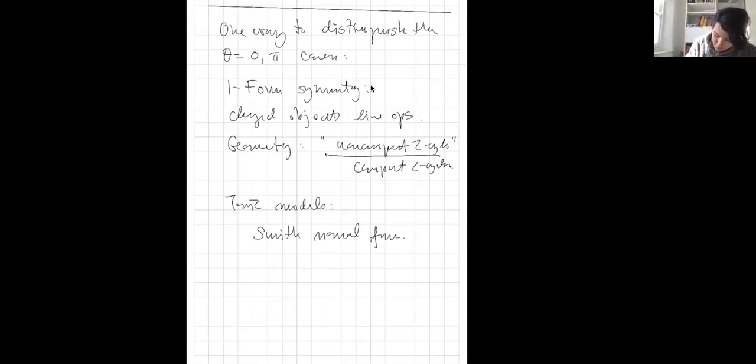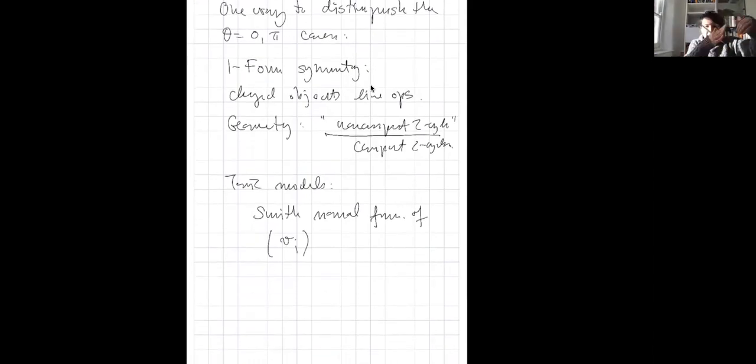Take the Smith normal form of the matrix of these vectors vi, and the Smith normal form gives you a diagonal matrix with integer entries, and from there you can read this off. And in fact, for the SU2 theta 0 case, that's a Z2, and for SU2 theta pi, it's empty. So the one form symmetry.